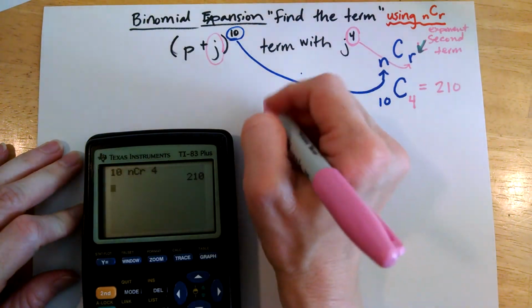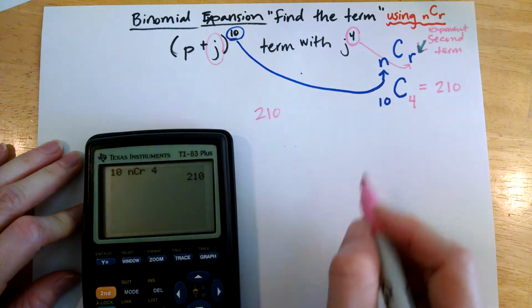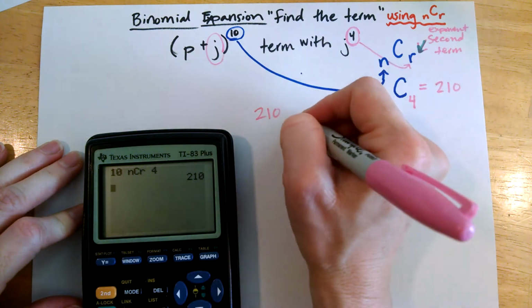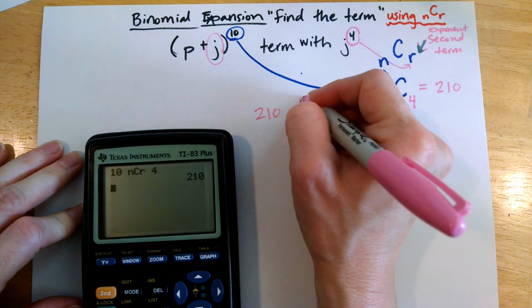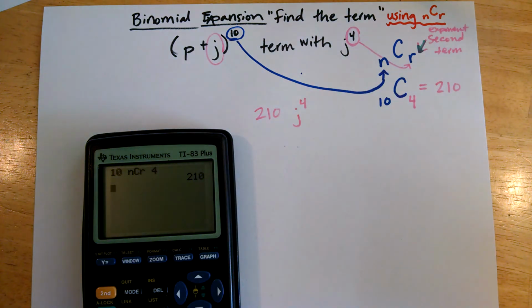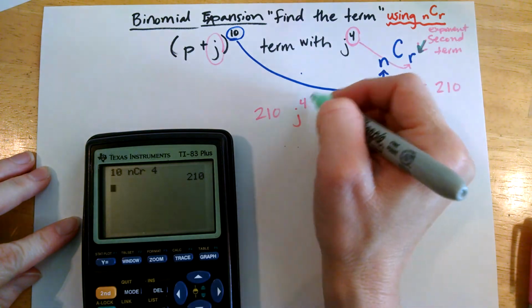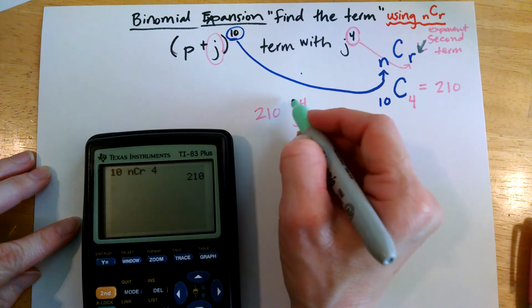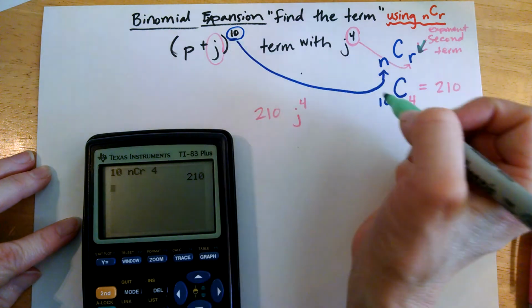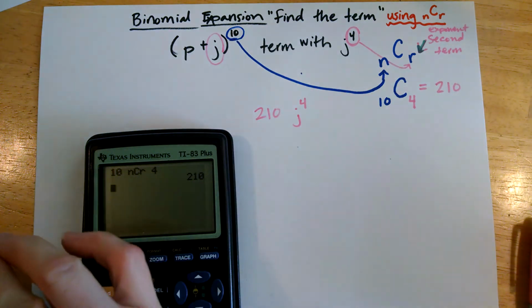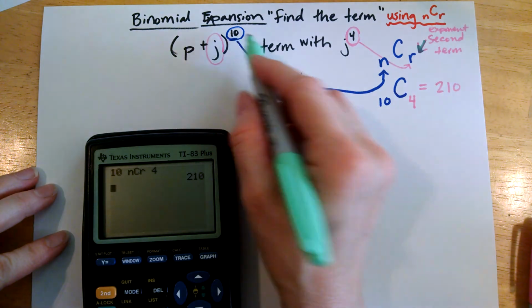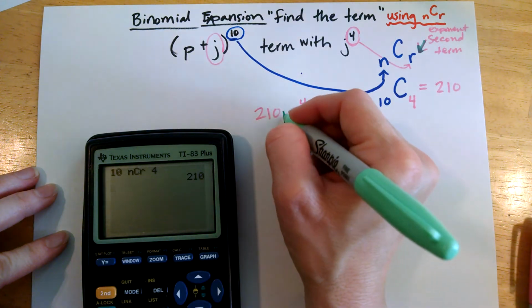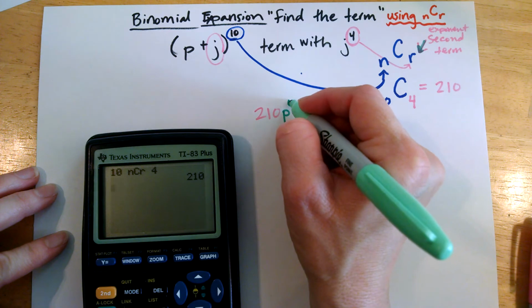So we've got 210, that's our coefficient, and we know it's going to be j to the 4th. We don't know what the p is going to be raised to, but we do have a hint that this exponent, j to the 4th, plus another exponent should equal our overall degree of the binomial. So 10 minus 4 would put us at p to the 6th.